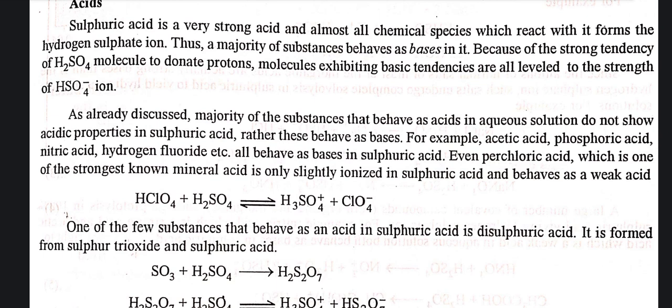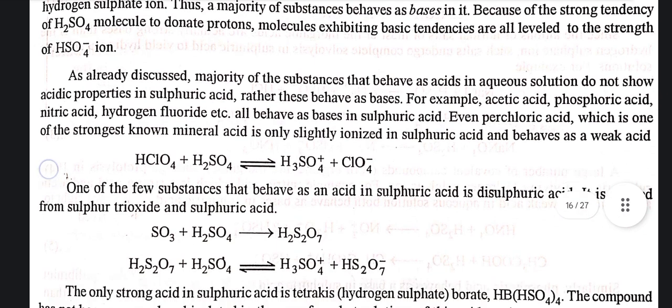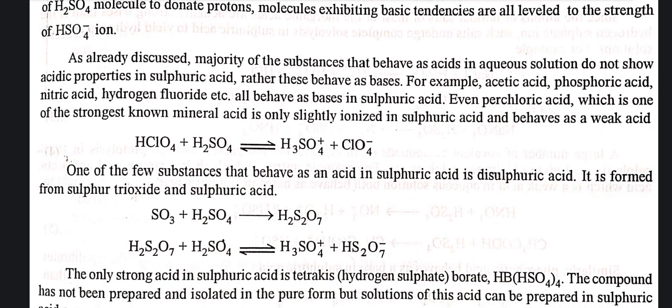Even perchloric acid, which is one of the strongest non-mineral acids, is only slightly ionized in sulfuric acid and behaves as a weak acid. One of the few substances that behaves as an acid in sulfuric acid is disulfuric acid.